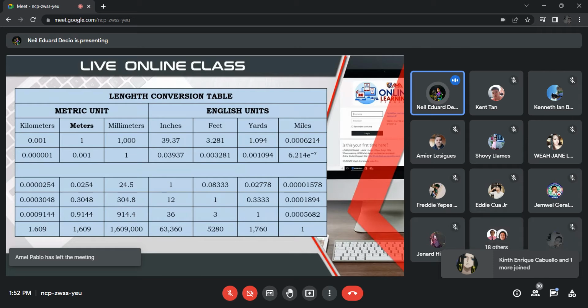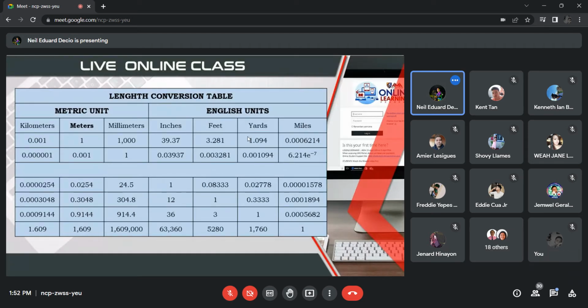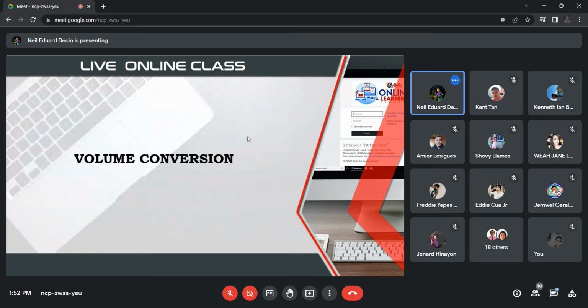Now, how do we convert units manually? Like say for instance, we want to convert yards to inches, yards to feet first. Oh, I don't have a solution here. Okay, I'm just going to write it down on how we convert.